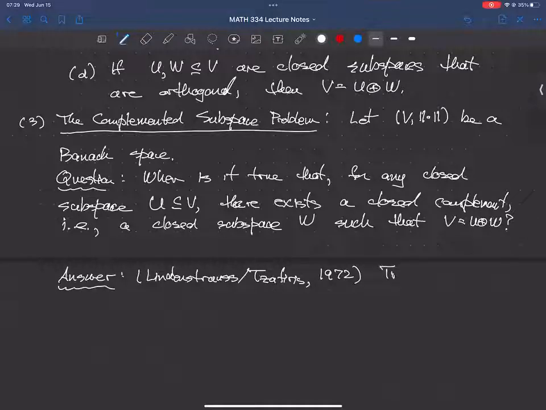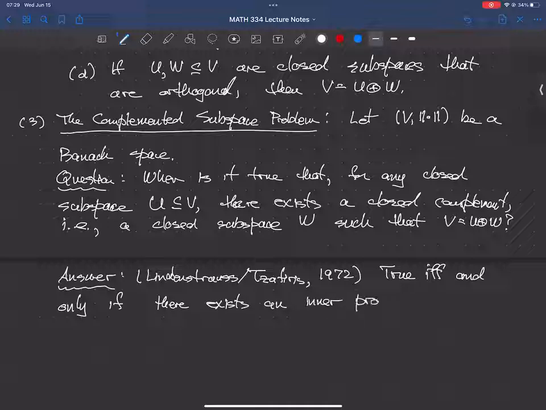This is true if and only if there exists an inner product giving rise to a complete norm.